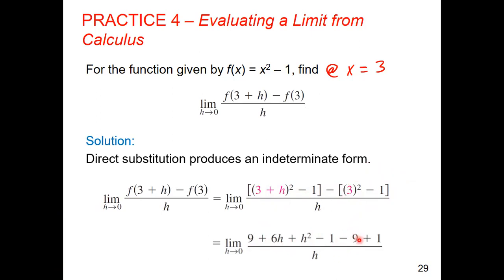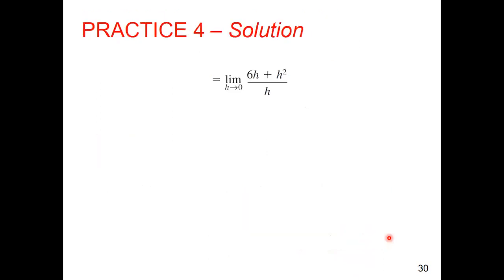So it makes my 9 negative, and turns something negative into a positive. Now you combine and eliminate. I can eliminate 9 and 9, negative 1 and 1, and they go away. After I eliminate, all I'm left with is 6h plus h squared.